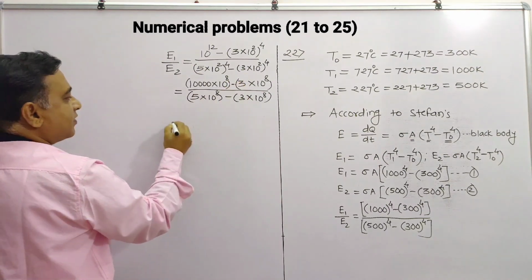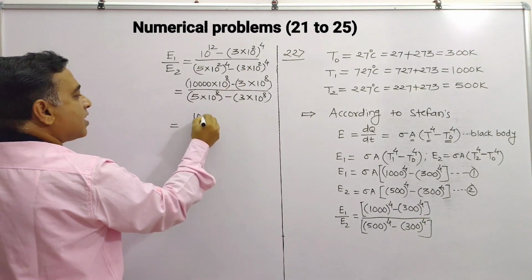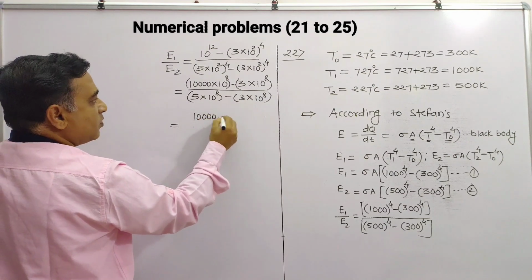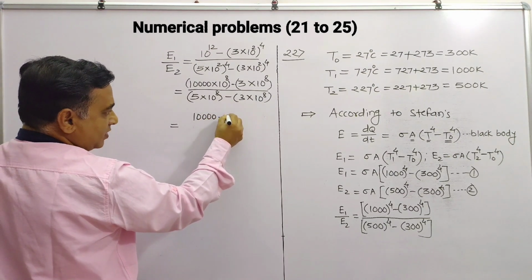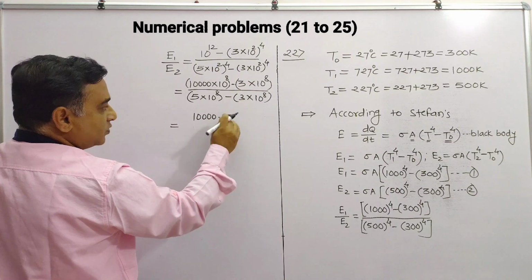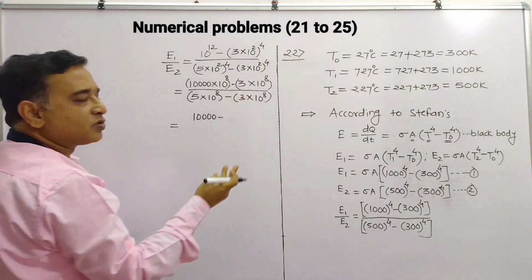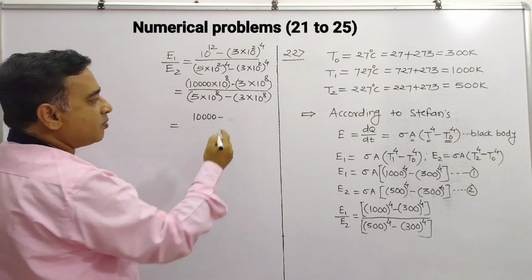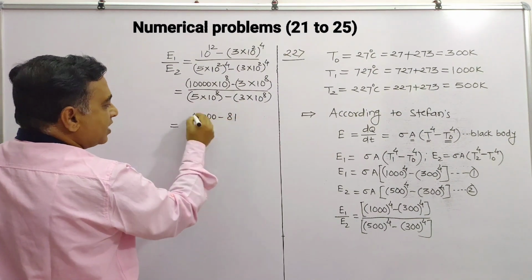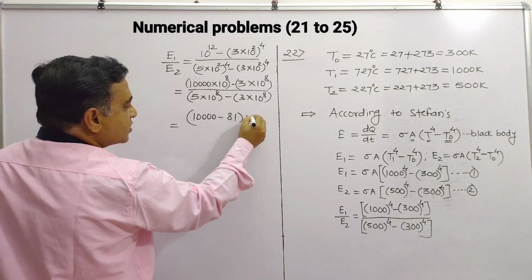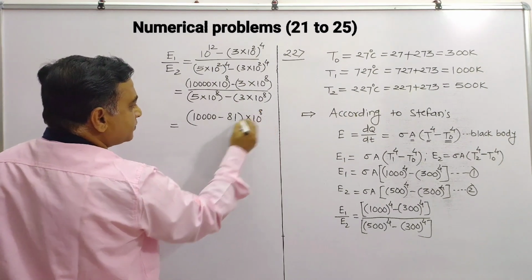So after solving this, I am going to write 10,000 minus 3 raised to power 4, which means 3 into 3 into 3 into 3. How much? 81. So 81 into 10 raised to power 8.